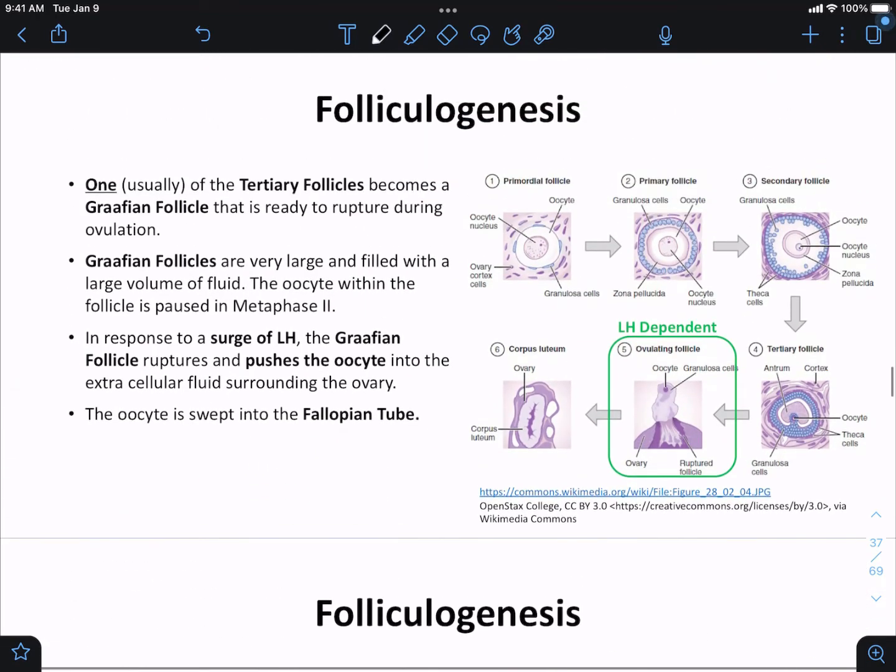The Graafian follicle stage is just filled to bursting with fluid. It's very, very large, and it butts up right against the outer rim of the ovary.